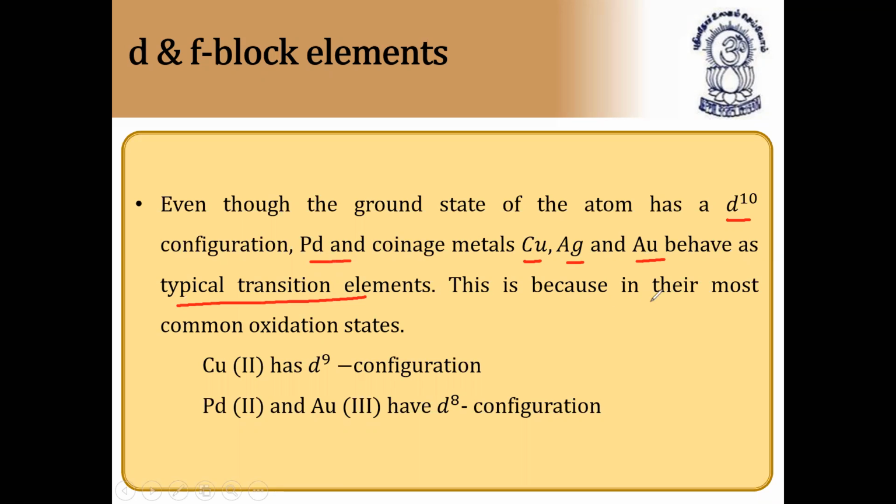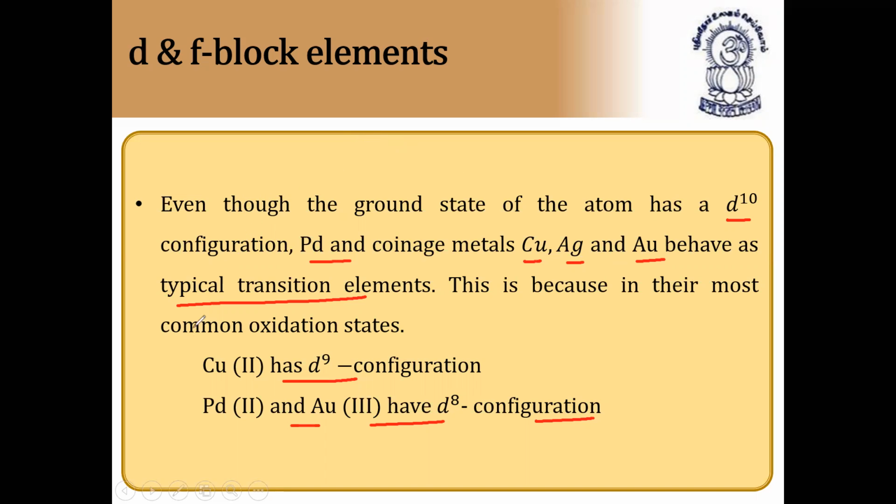This is because in their most common oxidation states, copper has d9 configuration, and palladium 2 and gold 3 have d8 configuration. That's why they are called typical transition elements. What are typical transition elements? Palladium, copper, silver, and gold. This type of question they may ask in the entrance exam.